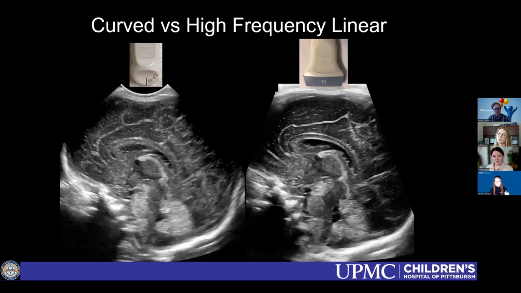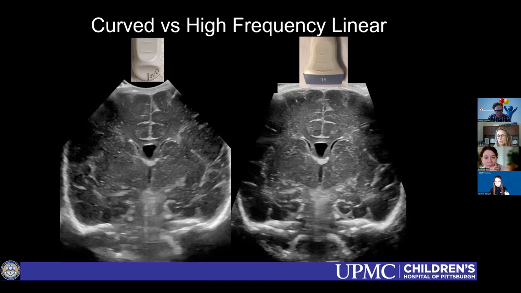So as part of our protocol, we always image through the anterior fontanelle with 2 transducers. If we're at one of the sites with the baby head probe, we'll use that. And then we'll follow that up with a linear high frequency transducer. So you still get depth through the entirety of the brain, but you do lose a little bit of the peripheral aspect of the brain. And that's why I still like to have both of the transducers when we do our imaging.